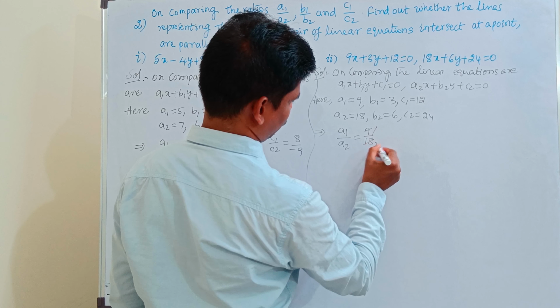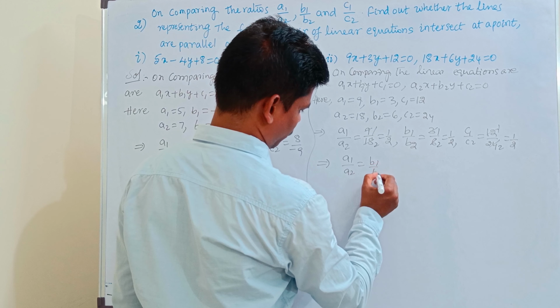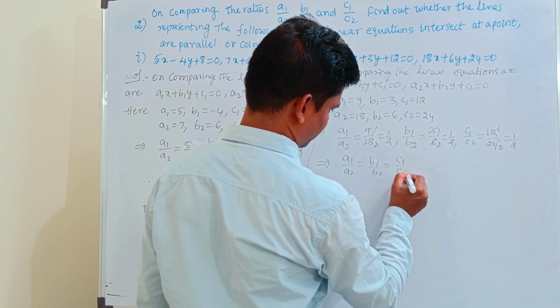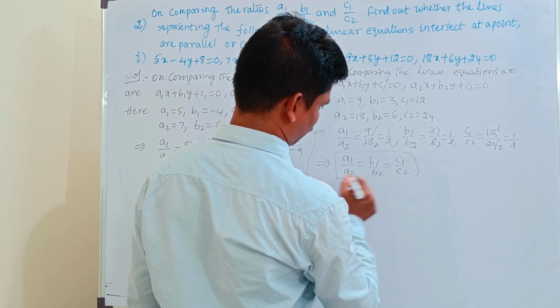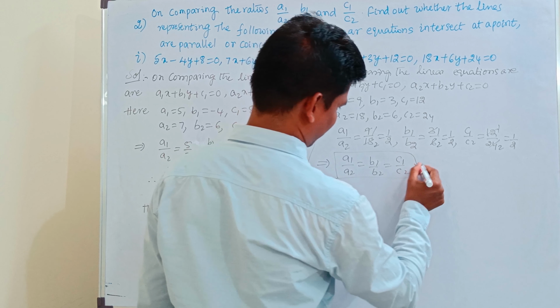C1 by C2 is equal to 12 by 24, that is equal to 1 by 2. Observe here: all ratios are 1 by 2, meaning all ratios are equal. A1 by A2 is equal to B1 by B2 is equal to C1 by C2. The condition is that all ratios are equal, which means the pair of lines are coincident lines.